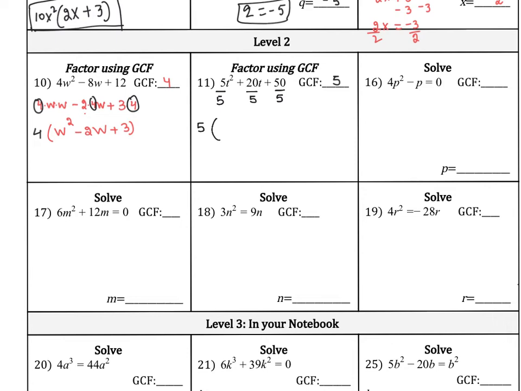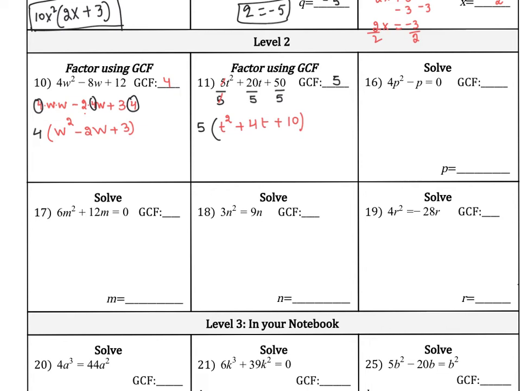Inside, the 5 cancels and you have t squared left. 20 divided by 5 is 4t, and 50 divided by 5 is 10. So the factors are 5 times t squared plus 4t plus 10.